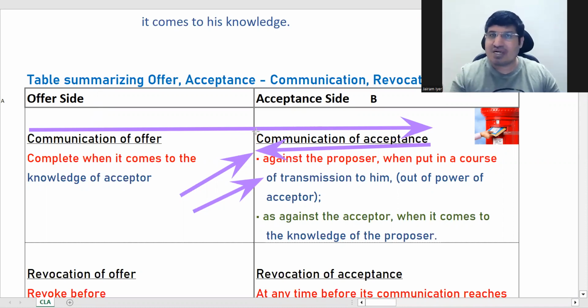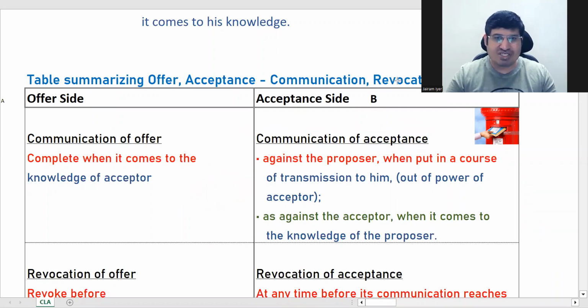It has reached the acceptor doesn't mean that he has accepted. So till he accepts, the offerer still has the time to revoke it. So this is complete as against the proposer when it is put in a course of transmission to be out of power of the acceptor, and against the acceptor when it comes to the knowledge of the proposer. This is the first point.